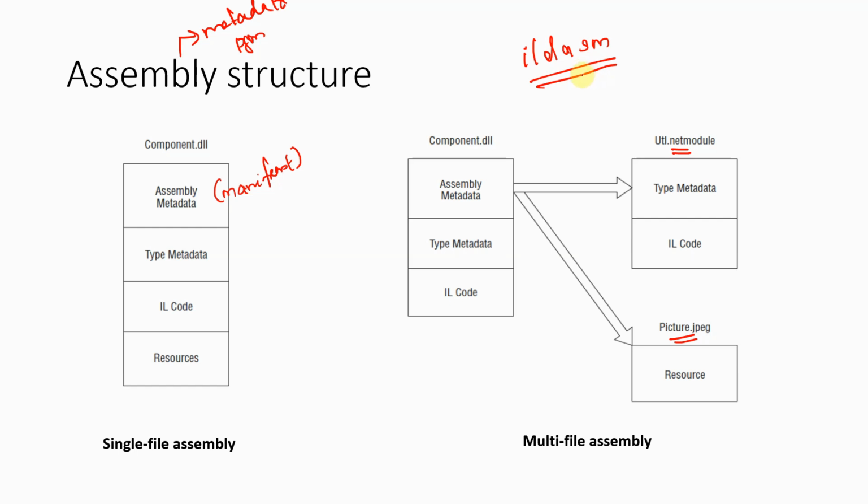This tool is available inside the Visual Studio command prompt. You type the tool command and you get a window. From there, you select the project name and you can view the assemblies created inside the project.